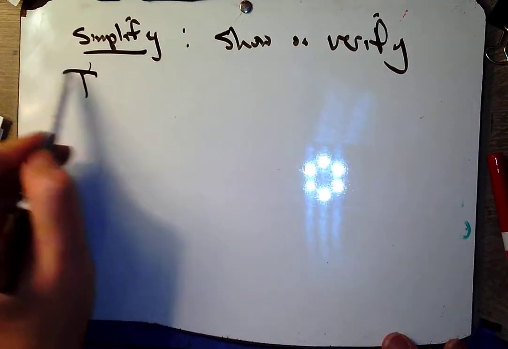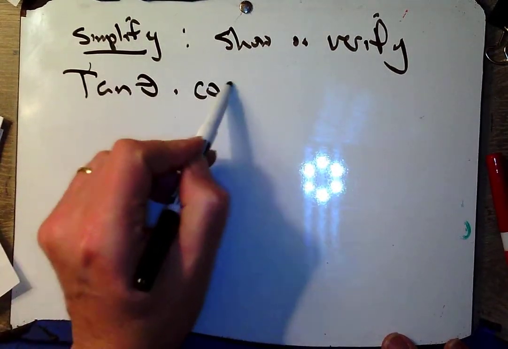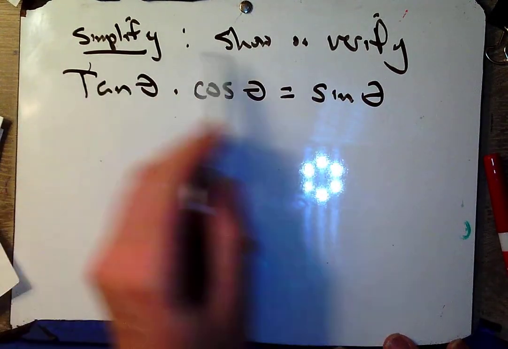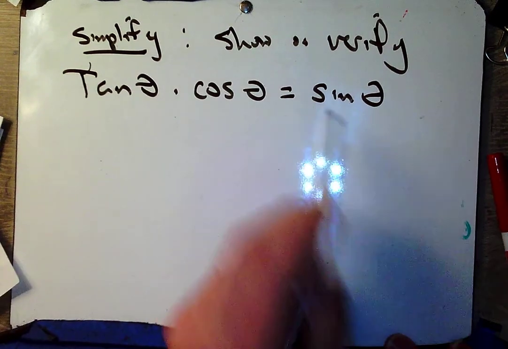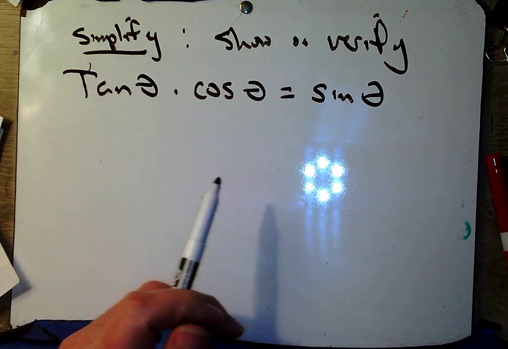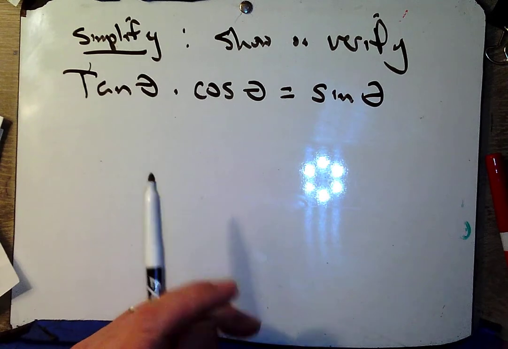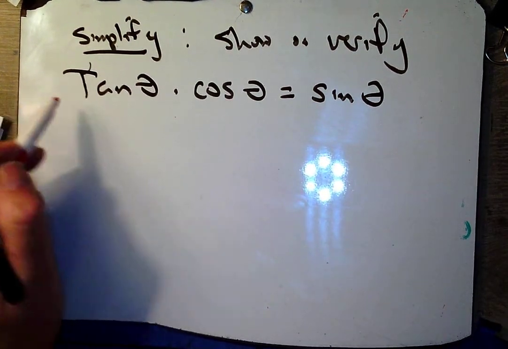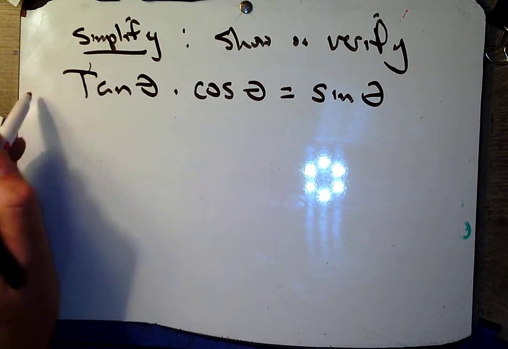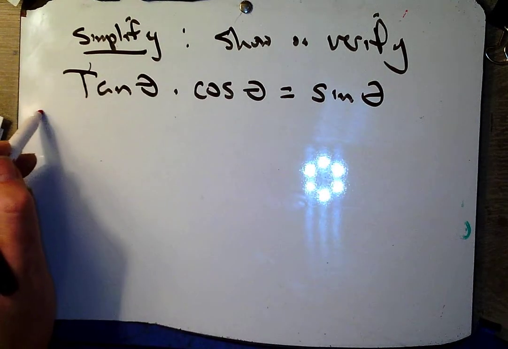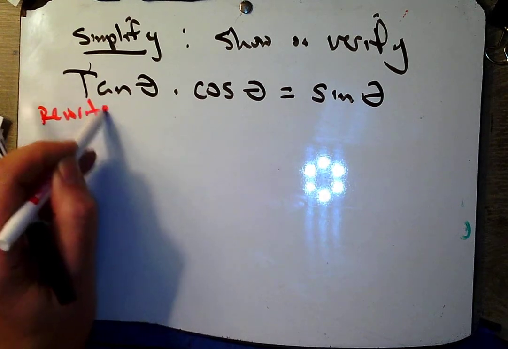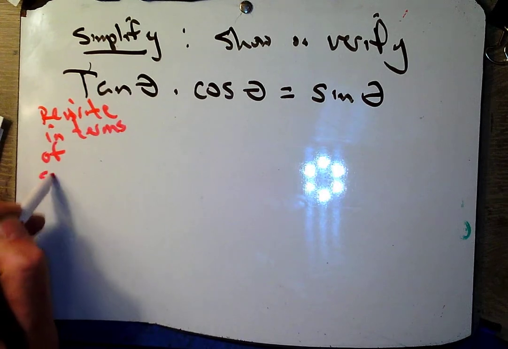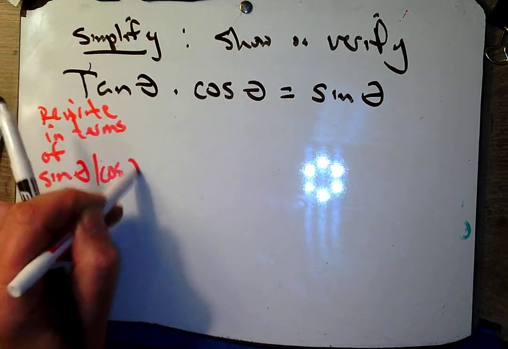How about this one? Tangent theta times cosine theta equals sine theta. How can I show that this will equal that if I simplify? Well, you know, one of our strategies, and we'll have quite the list, 8 or 9 things in chapter 5. One of our strategies for taking care of problems like this is to rewrite in terms of sine and cosine.